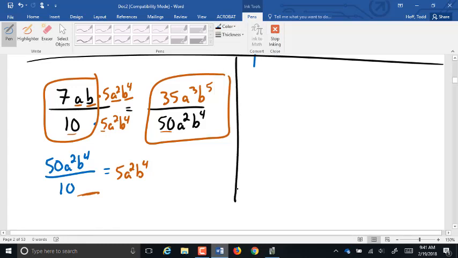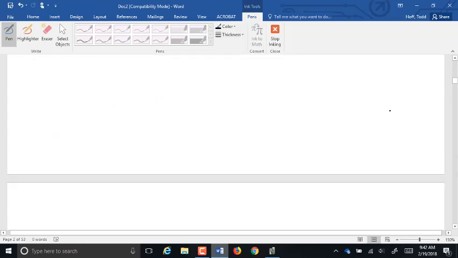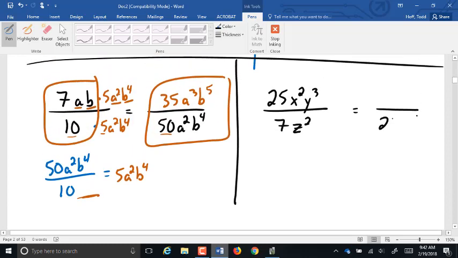We might have, let's do 25 x squared y to the third over 7z squared. And we want this to be 21 xz to the third.